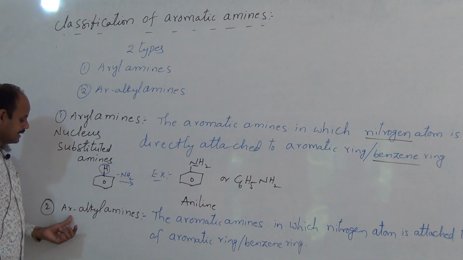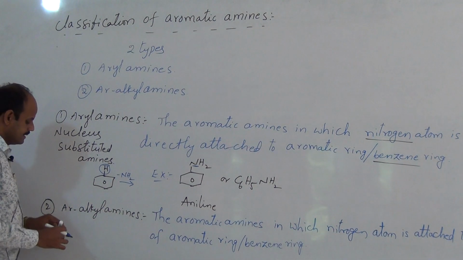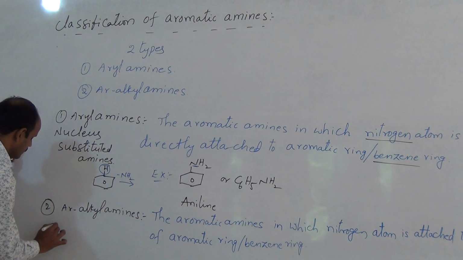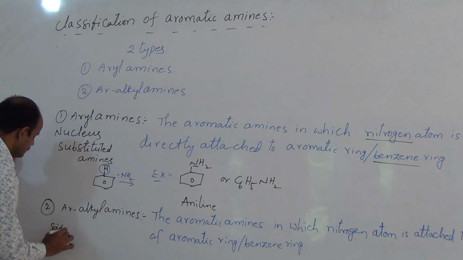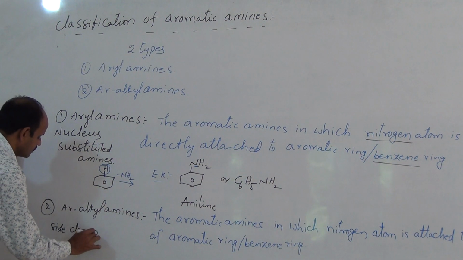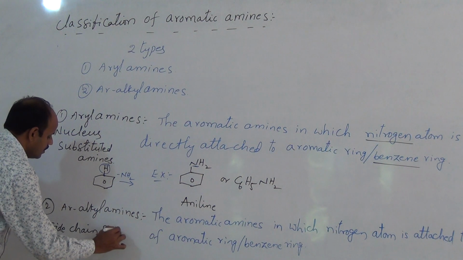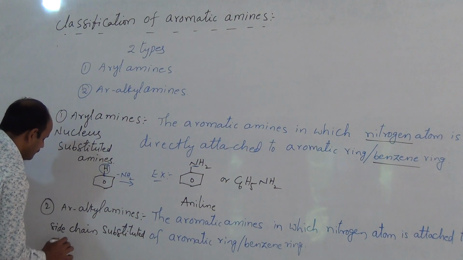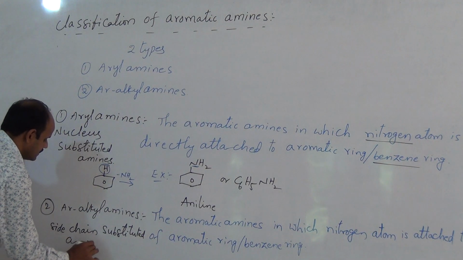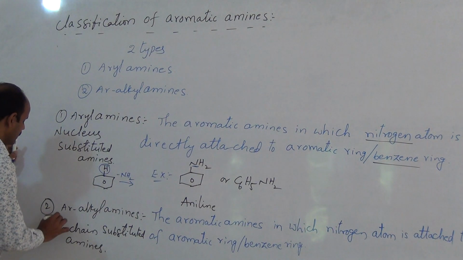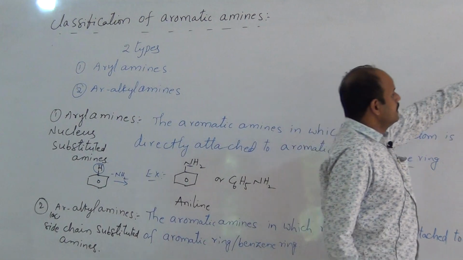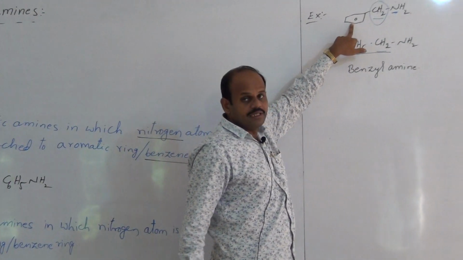But whereas aralkyl amines, these are called as side chain substituted amines. These are also known as side chain substituted amines, because here substitution takes place at side chain of the nucleus, benzene nucleus.